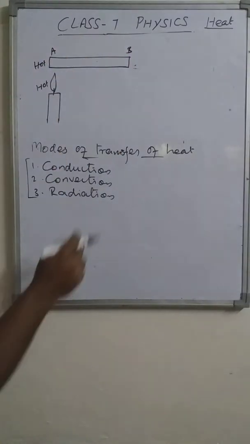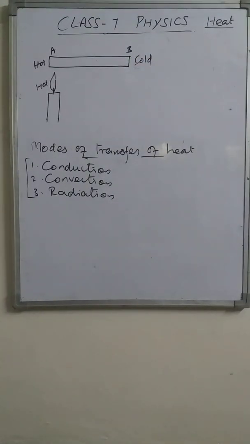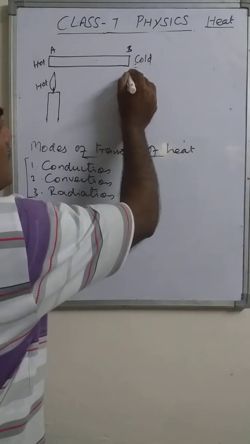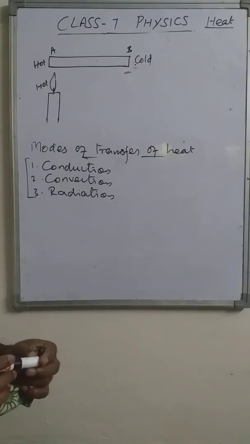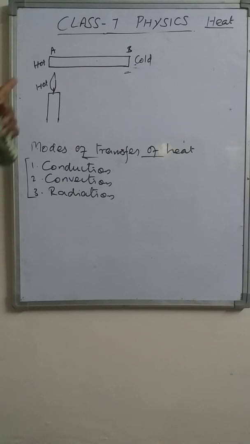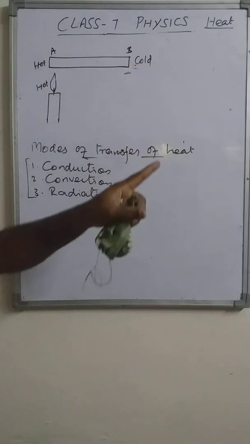The other end is cold. If we place end A of this rod over this flame continuously for some time, after that time we find hotness in end B also. We can say the heat is transferred from this end to this end.